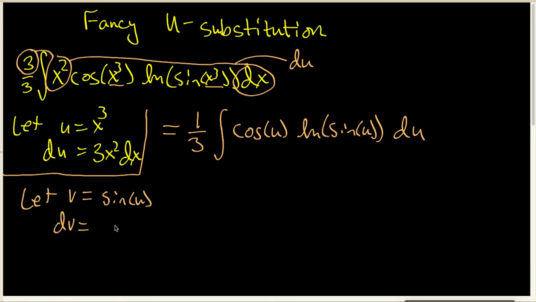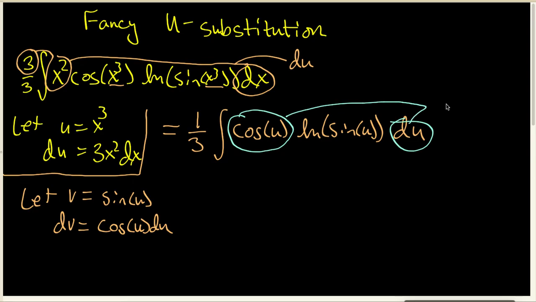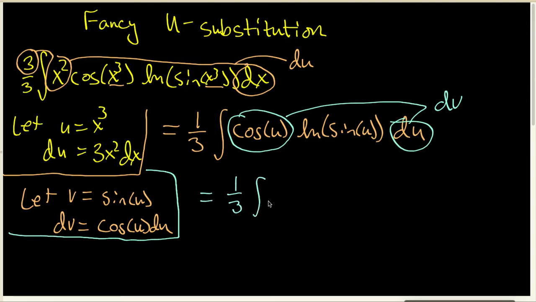And dv then is going to be the cosine of u du. So I don't even have to fix this integral up. This cosine and that du go together to form the dv, and when I use this substitution, I can rewrite the integral as 1/3 times the integral of the log of v dv.